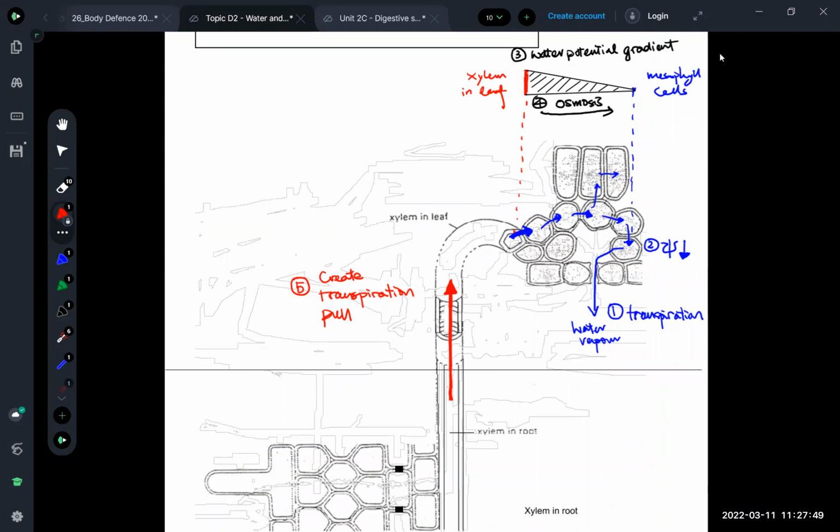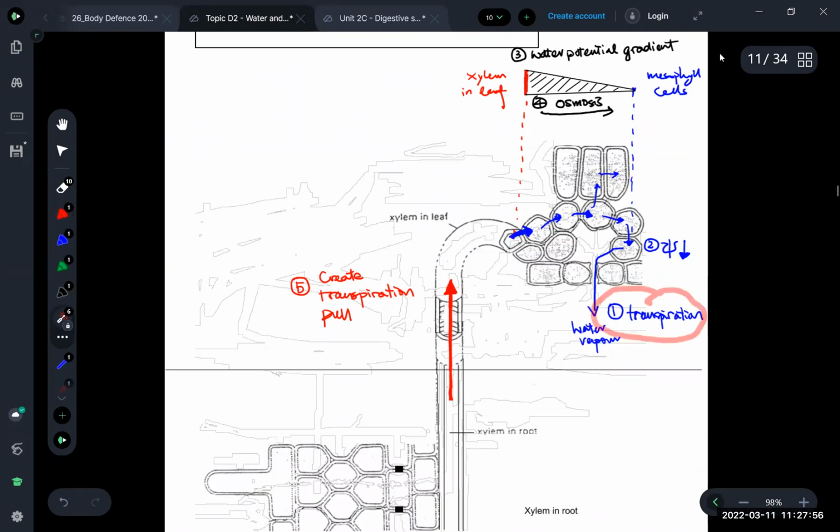It's a pulling force, you can see, right? And it is created due to transpiration. So that's why the force is called transpiration pull. And this will move the water in the xylem upward.